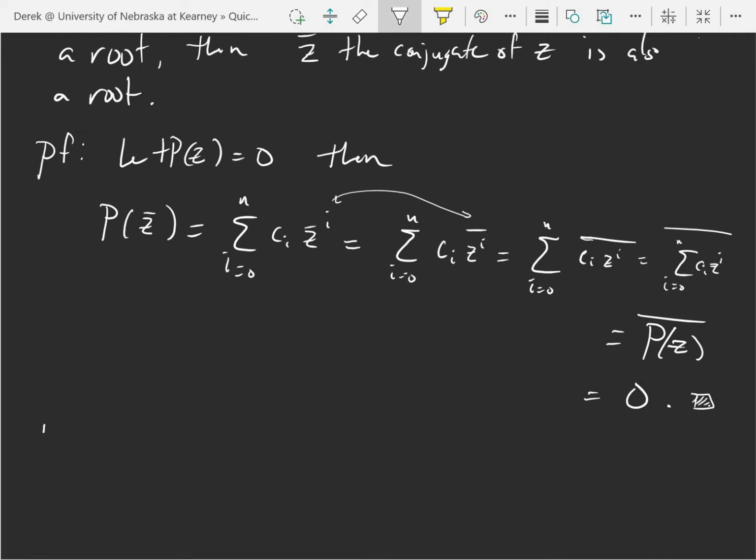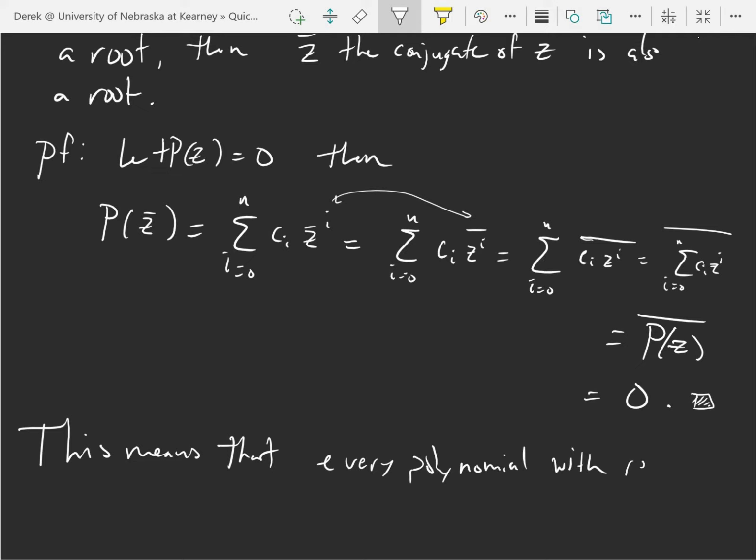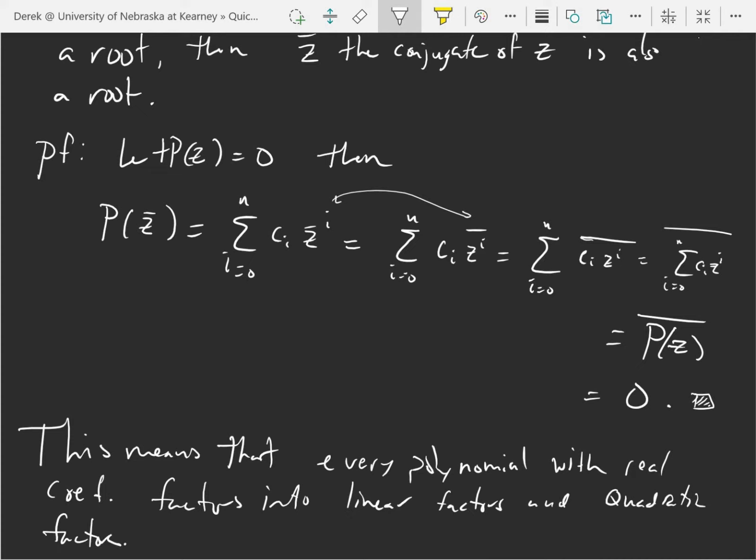So this means that every polynomial with real coefficients factors into linear factors and quadratic factors, period.